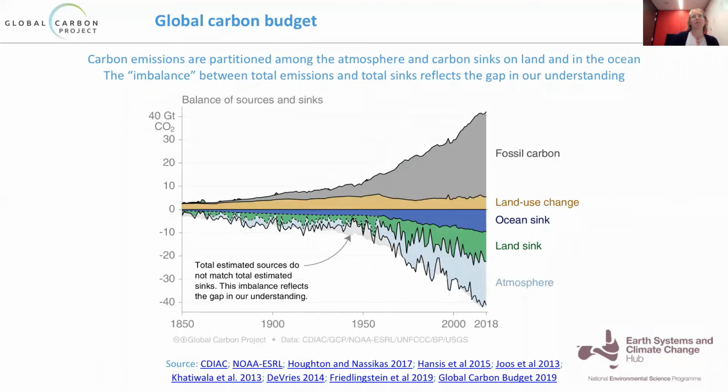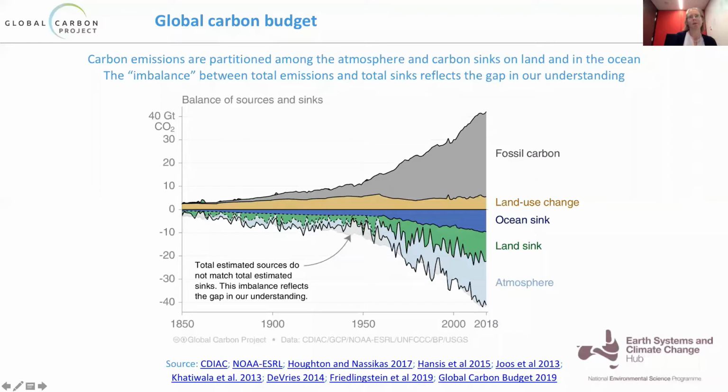So this figure is another way of showing the dynamics that were represented in the previous slide. Again, looking at the sources of CO2 to the atmosphere on the top of the graph and the sinks on the bottom.